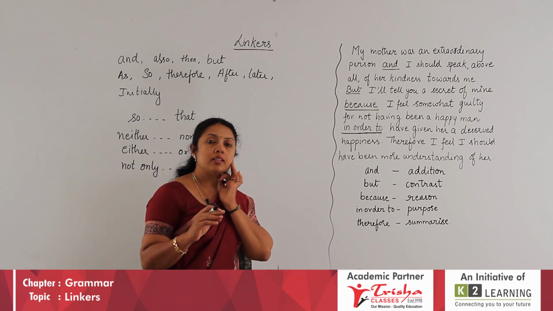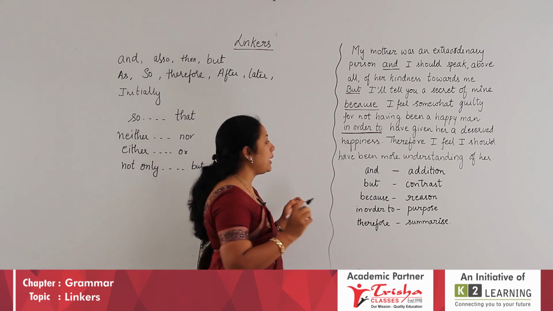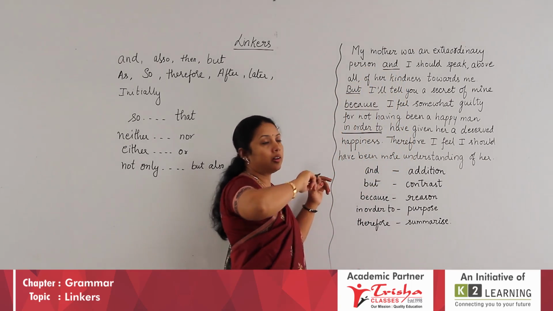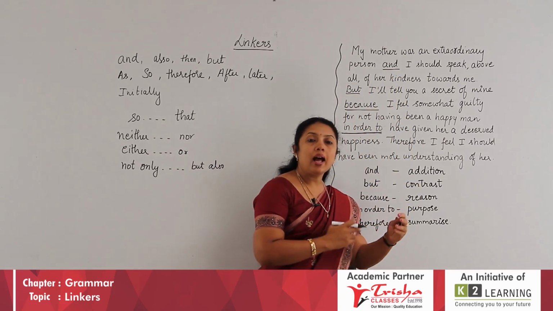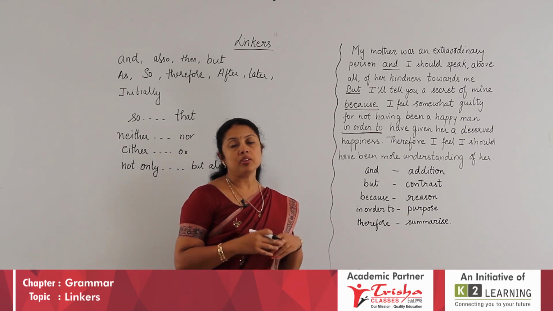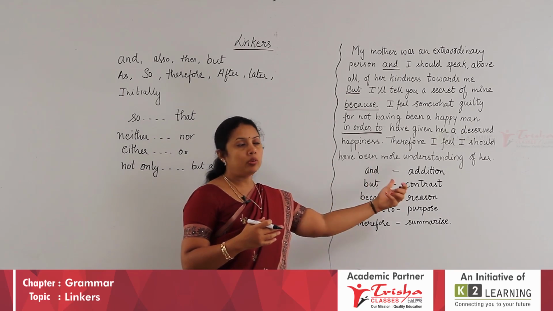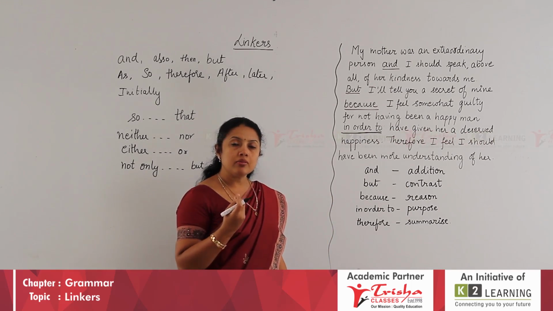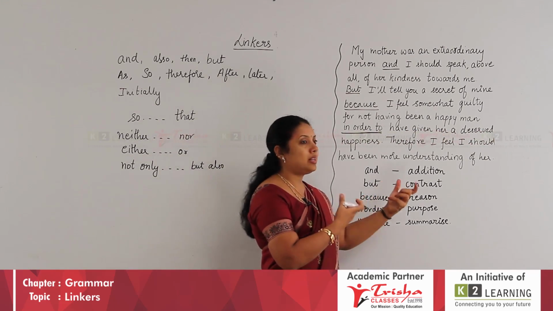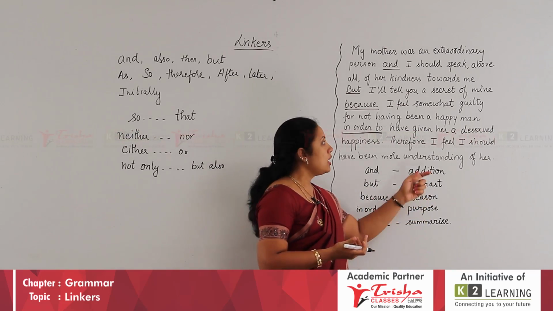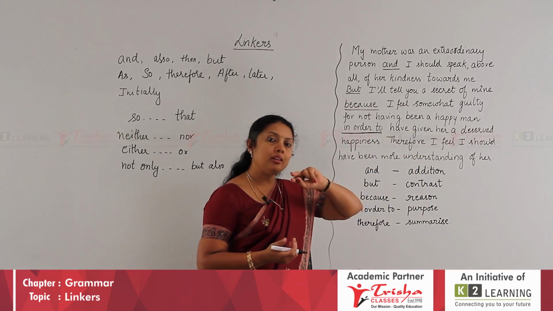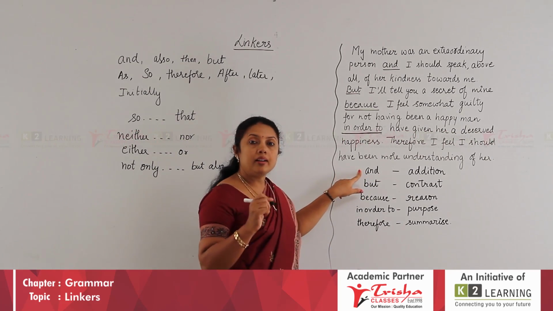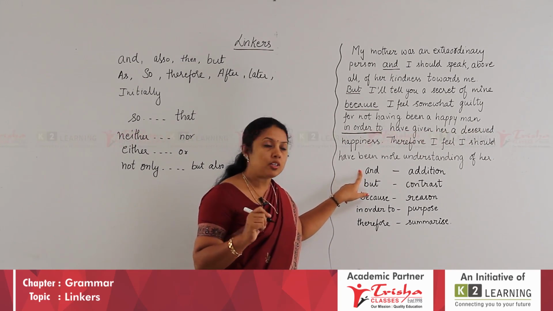These 2 sentences are linked together by the linker "and", which is adding up the qualities of Borges' mother. We know this part is from the Borges interview, where he talks about his feelings about his mother. So 2 qualities of the mother are added up together. The linker "and" gives us the function of addition.